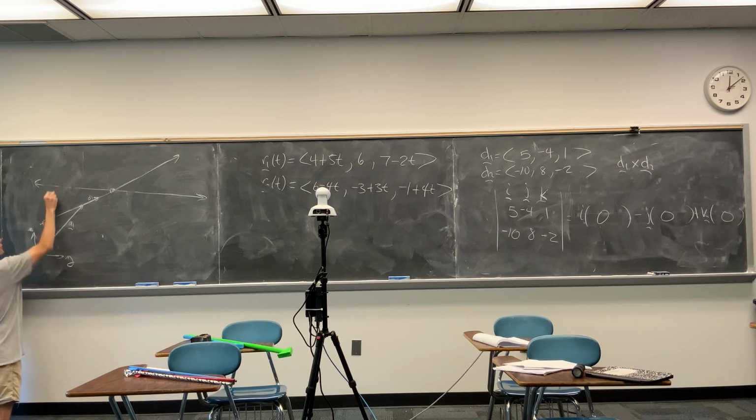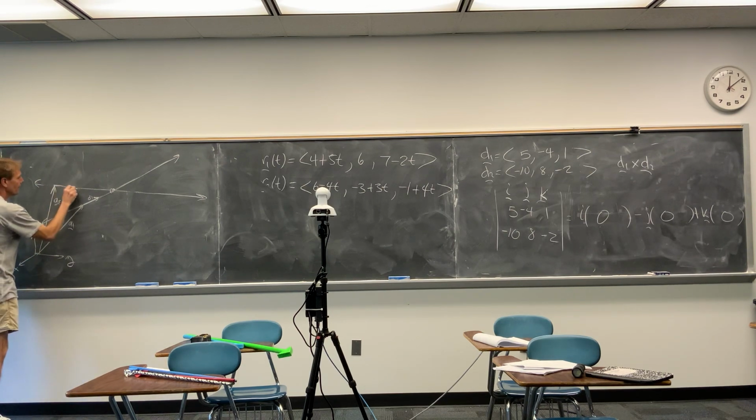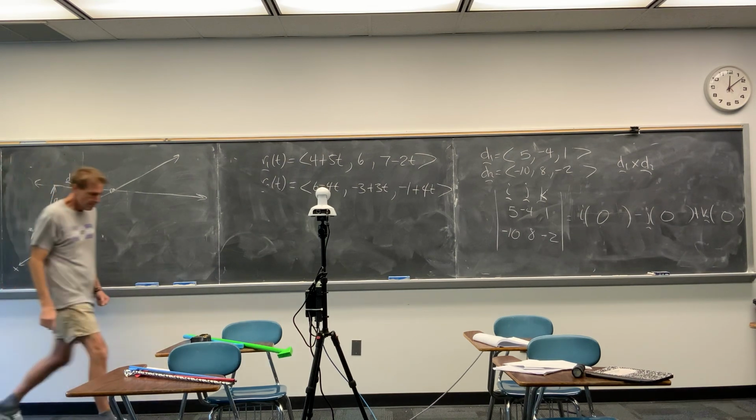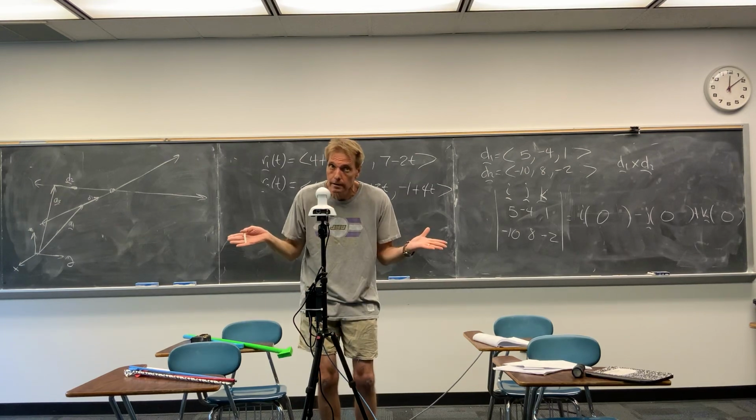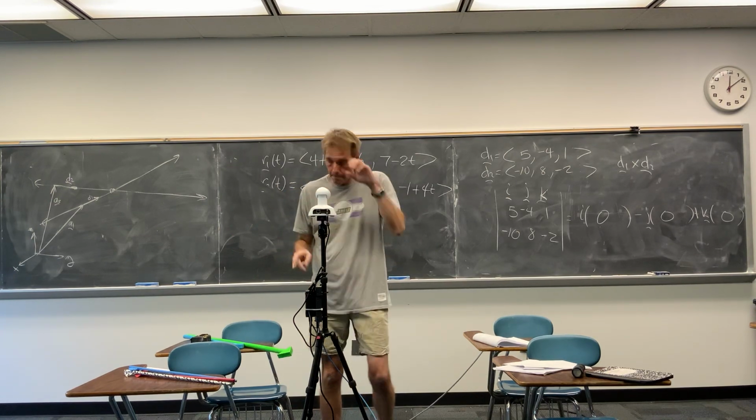Give yourself another position vector for the second line, A2, and give yourself another direction vector, D2. Because when I say line, you say A plus TD.